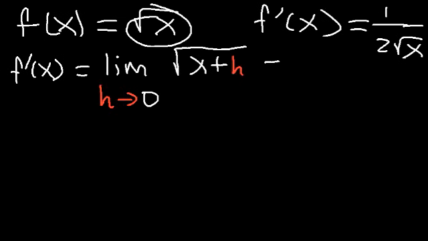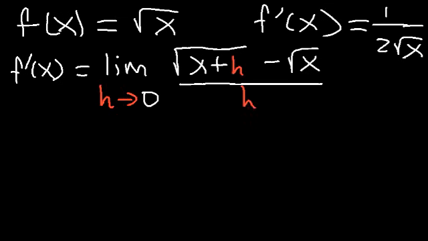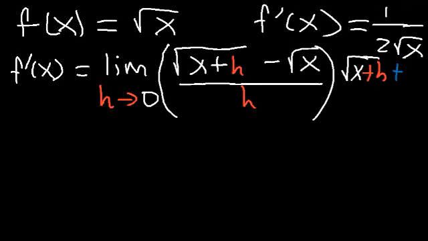So that's simply root x divided by h. So how would you simplify a limit if you have radicals or square root functions? This time, we don't want to multiply by the common denominator. Rather, we want to multiply the top and the bottom of the fraction by the conjugate of the radicals. So the conjugate is going to be radical x plus h, and we've got to change the sign from negative to positive. So plus root x.